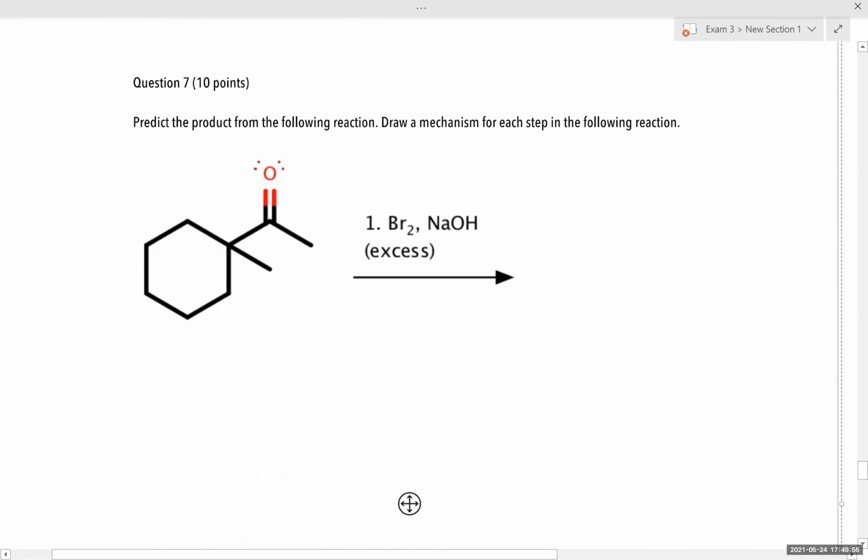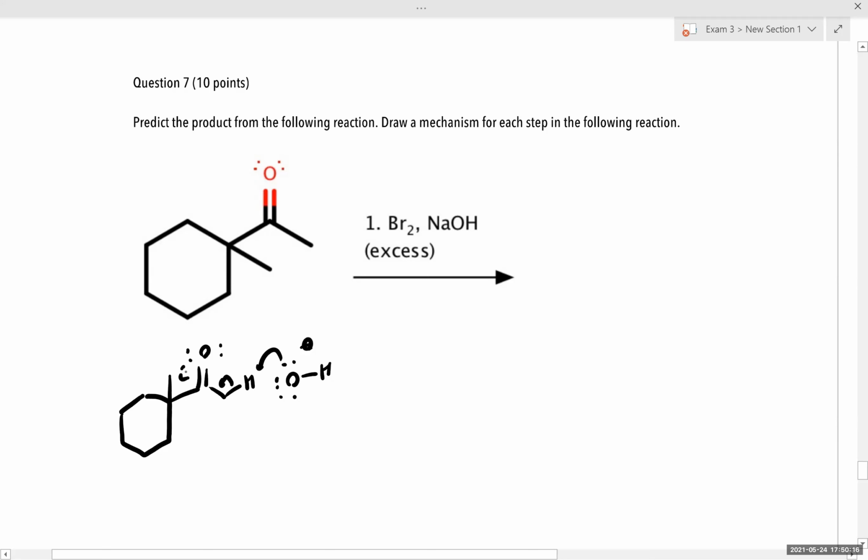So in this case, we're asked to predict the product from the reaction and draw a mechanism. So we're treating a methyl ketone with bromine and sodium hydroxide in excess. So this is the textbook haloform reaction. We're going to see essentially the same step repeated 3 times. We're going to deprotonate.